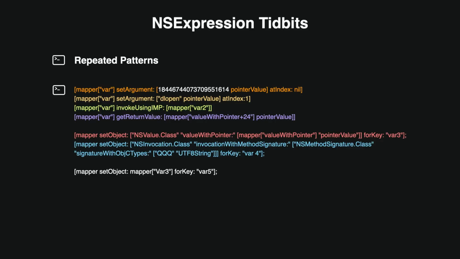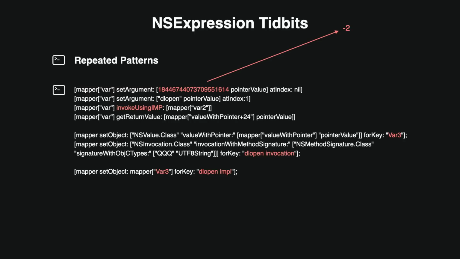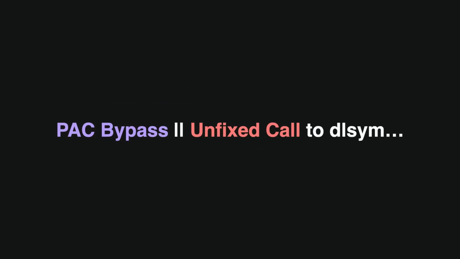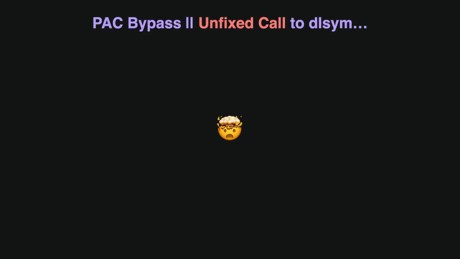So when I translated that number back into hex, it was -2, and when I looked a little bit further, this actually was matching the invocation and implementation for DLSim. So that meant that this specific sample still needed to contain some sort of PAC bypass or an unfixed call. And at the end, the smiley is actually the solution in order to get to the PAC bypass, but unfortunately, due to time, I will skip this to a blog post that we're going to release.